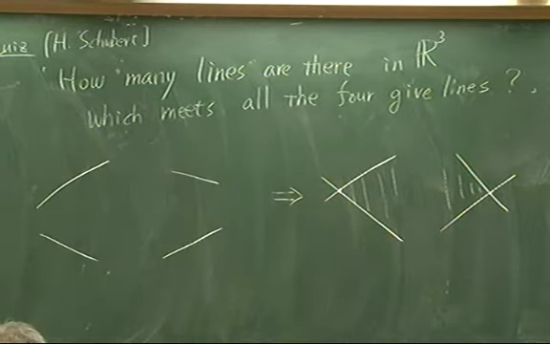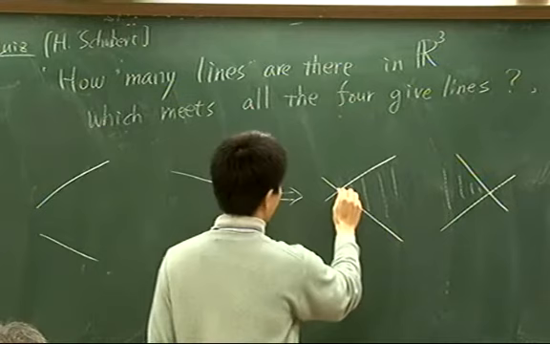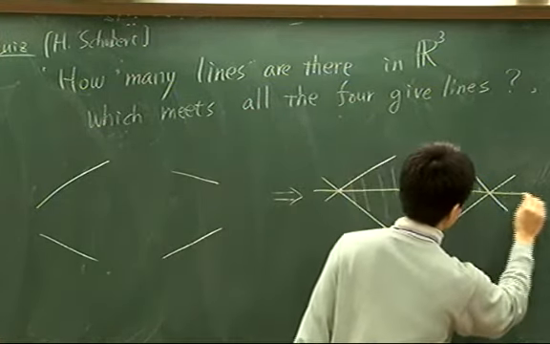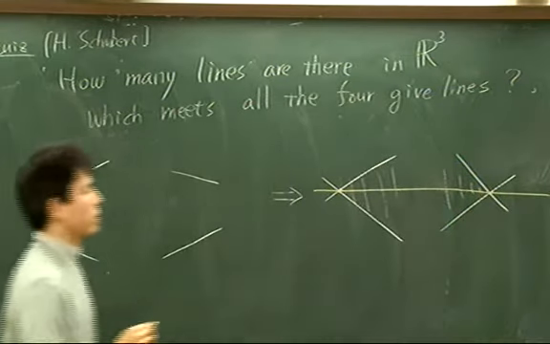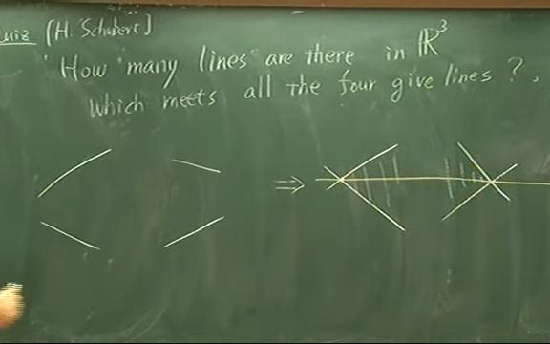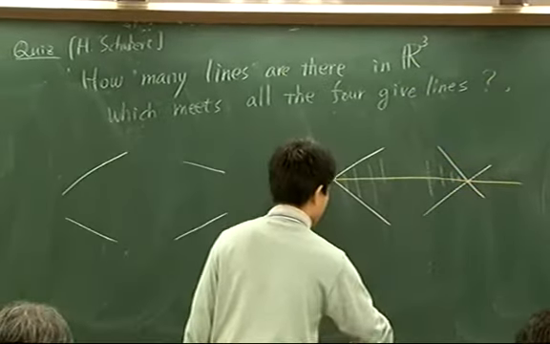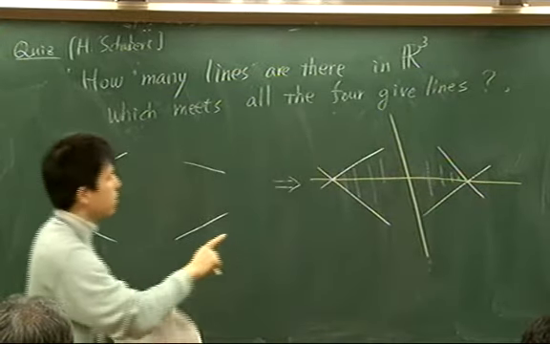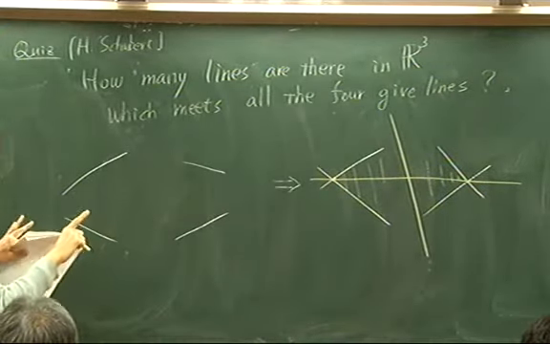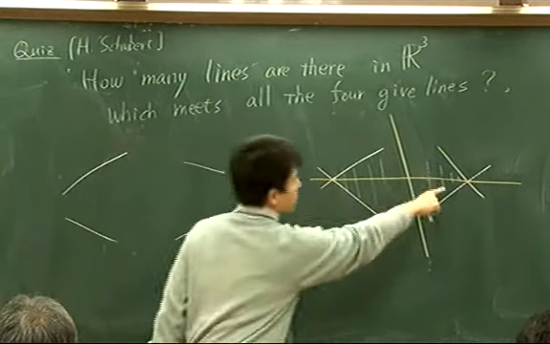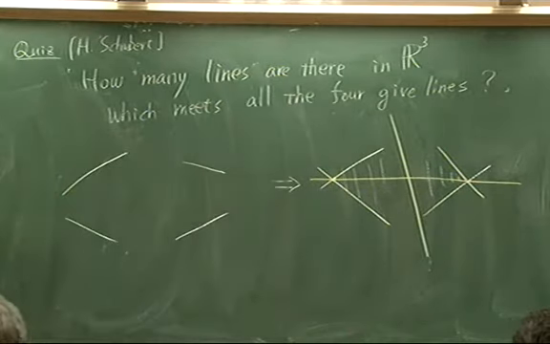The first solution is the line that goes through these two intersection points, and we can draw one more, which arises as the intersection of the two planes spanned by each pair.